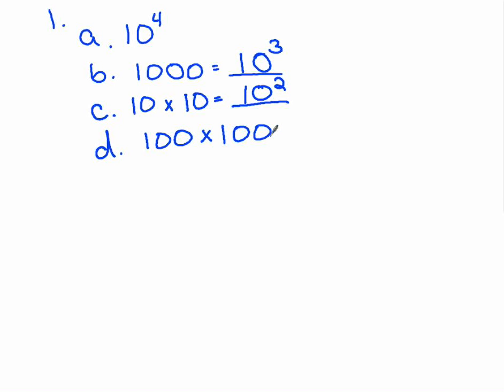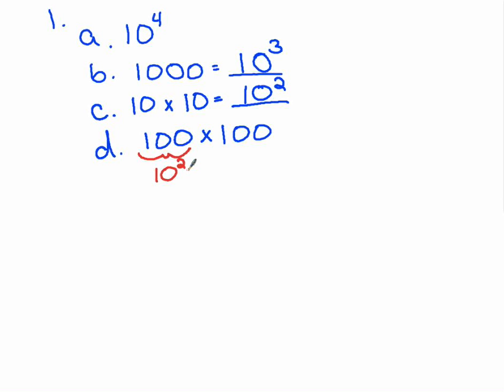No. But we have talked about how many zeros does 100 have in it? 2. So what would that be? 10 to the power of 2. So 100 equals 10 to the power of 2.